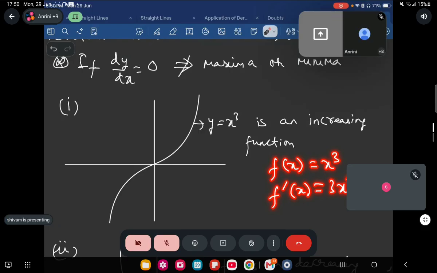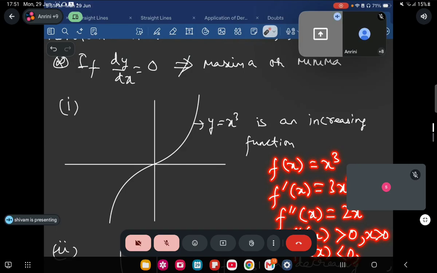What is f double dash x? It will be equal to 6x. Can you see f double dash x is greater than 0 for x greater than 0 and less than 0 for x less than 0?